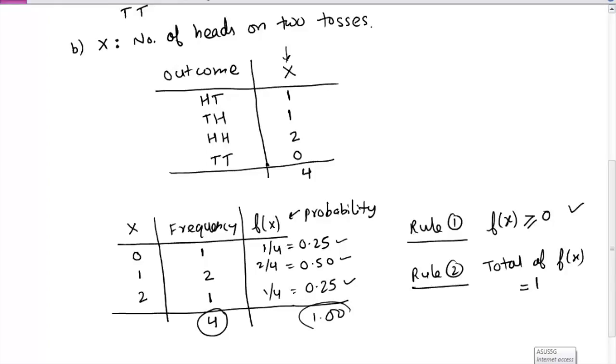Similarly, the total here is 1, so the second rule also is valid. That means this table can be called a valid probability distribution table. It is called probability distribution table because it shows you how the probabilities are distributed across different values of X.